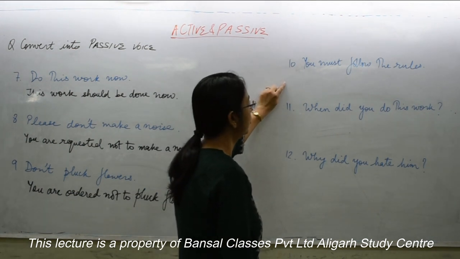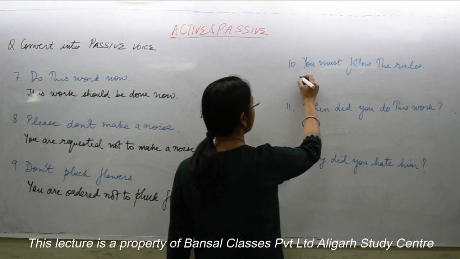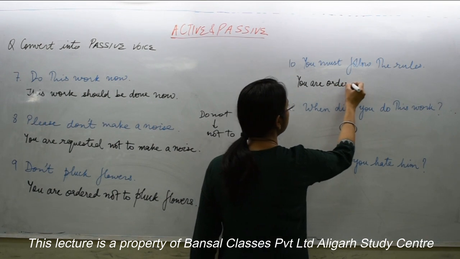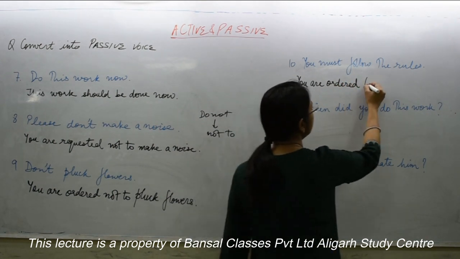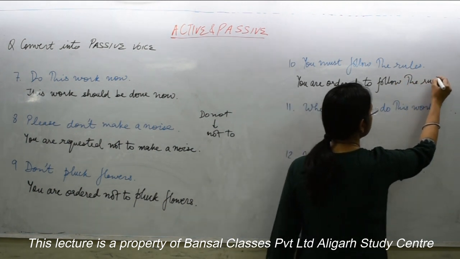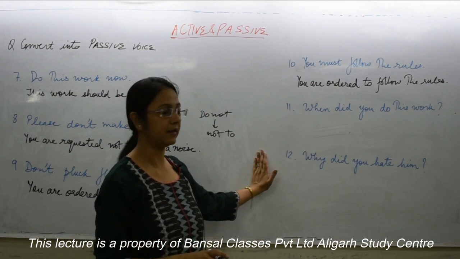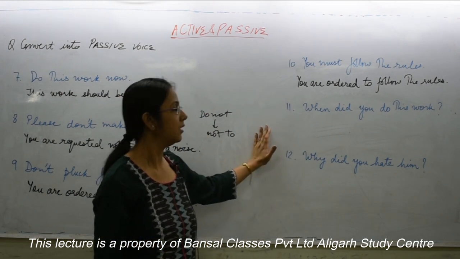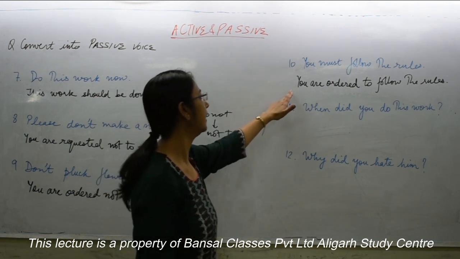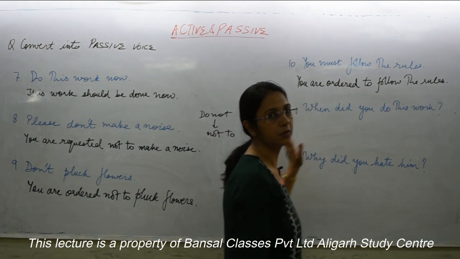You must follow the rules. Over here, you are ordered to follow the rules. Must is compulsory, which cannot be escaped. So that means it's an order. So we are taking it as you are ordered to follow the rules.